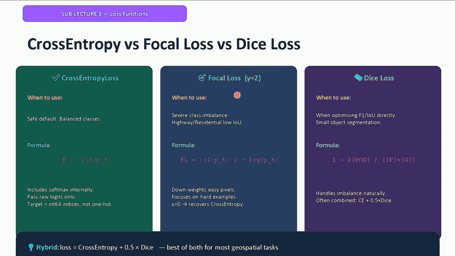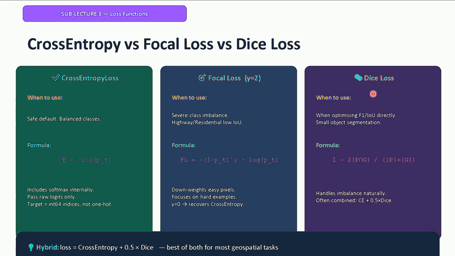That pixel contributes almost nothing to the loss. But a pixel where the model is confused between highway and residential, that gets a high loss weight. The model is forced to focus there. Use this when minority classes like highway are stuck at low IoU.